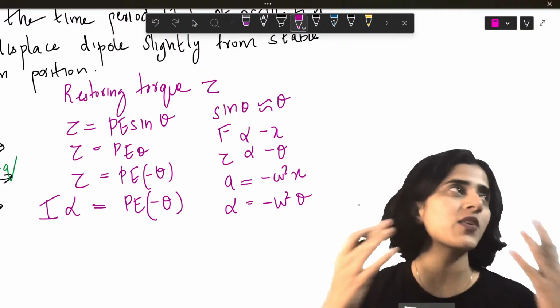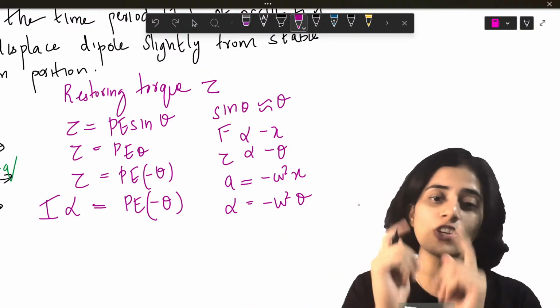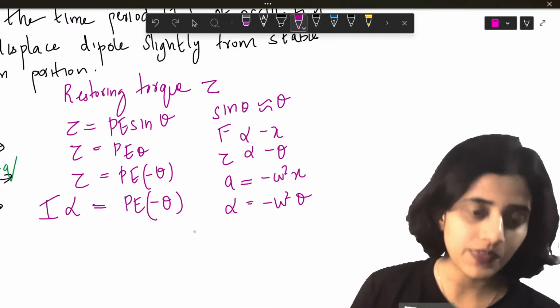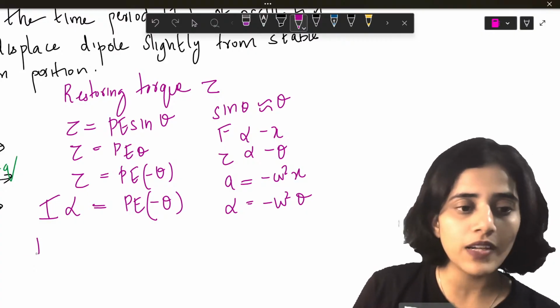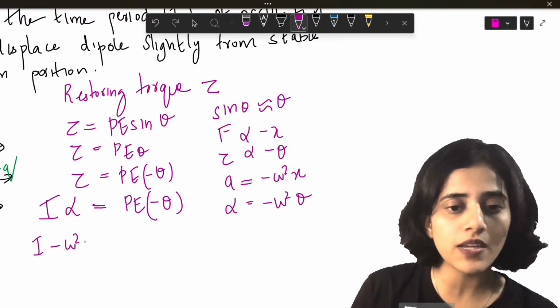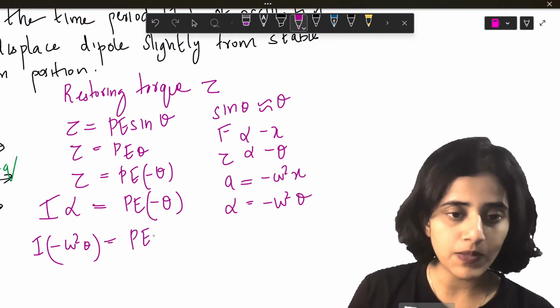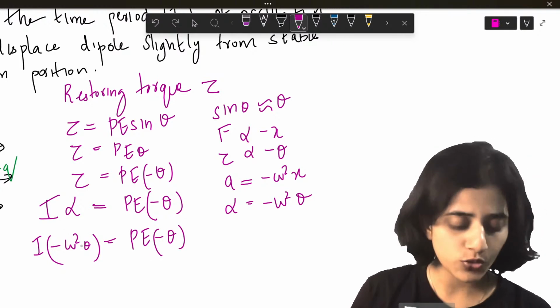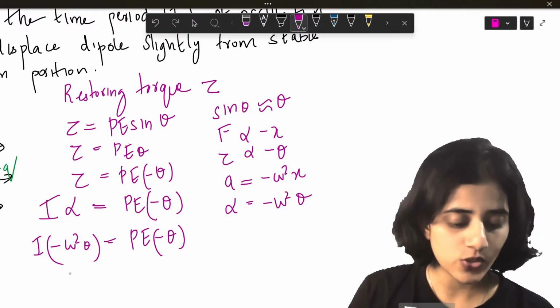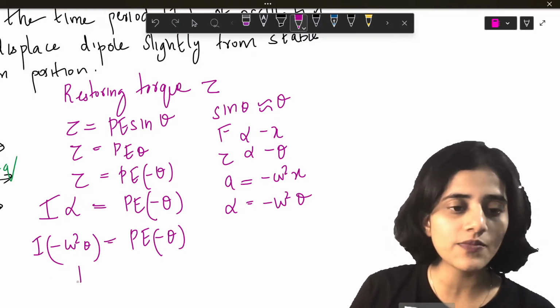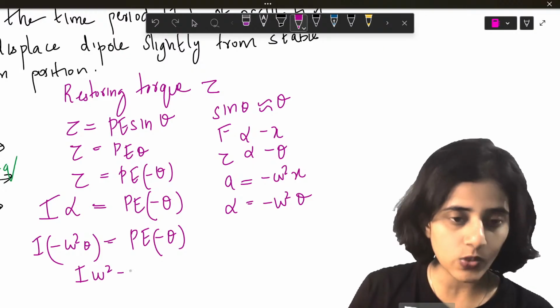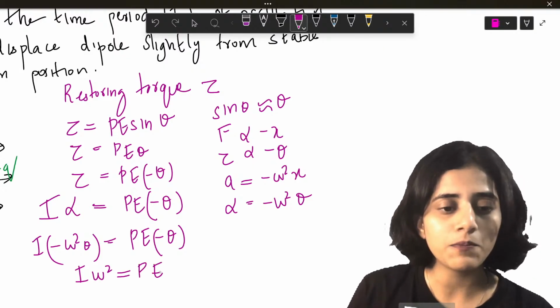So those who are wondering what all ma'am is writing, you have to go revise your first PU portions. So this will be I times minus omega square theta is equal to PE times minus theta. So theta will cancel. Minus minus can also cancel. So I omega square is equal to PE.